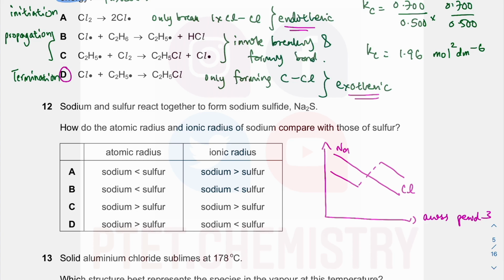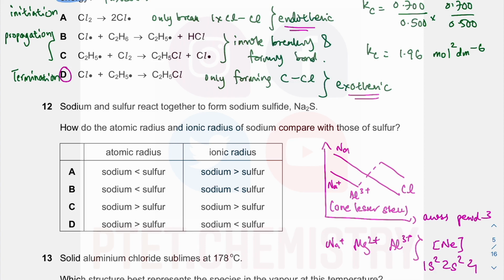When you form the cations, you have one lesser shell because Na⁺, Mg²⁺, Al³⁺ all have neon configuration, which of course you know your maximum valence electrons is just the second shell, whereas this is third period, you're in the third shell, and the anions are still in the third shell.